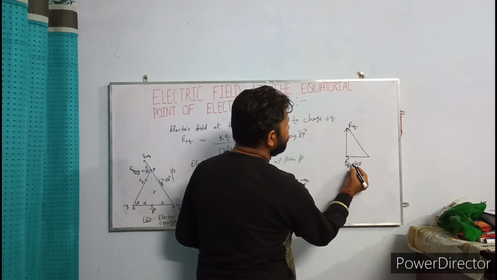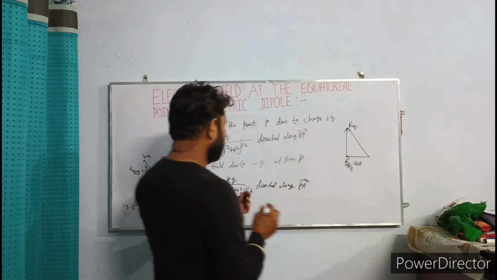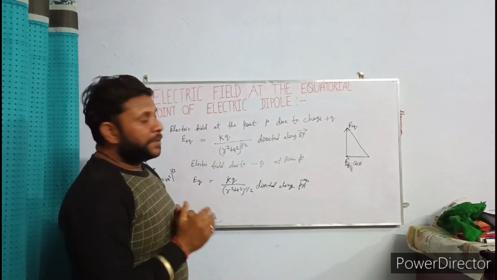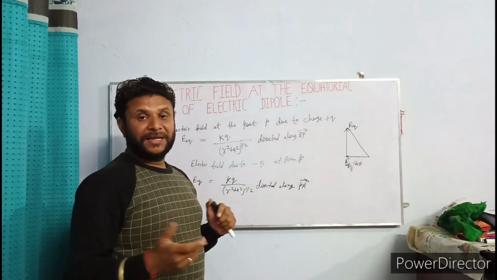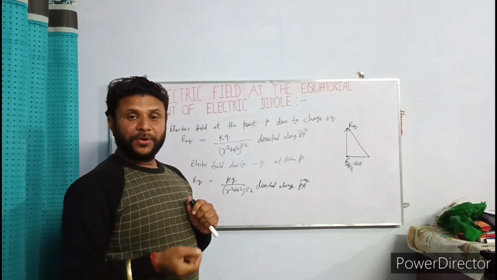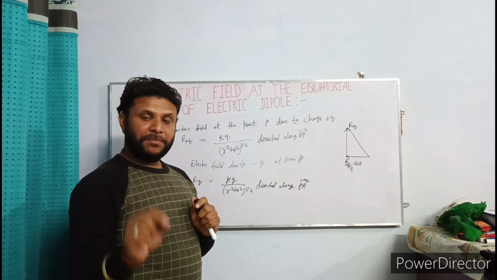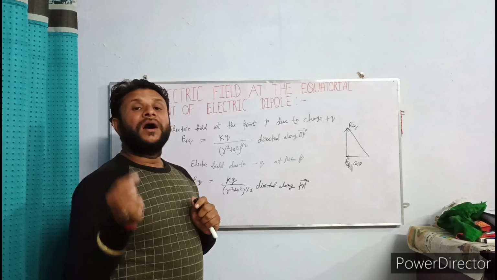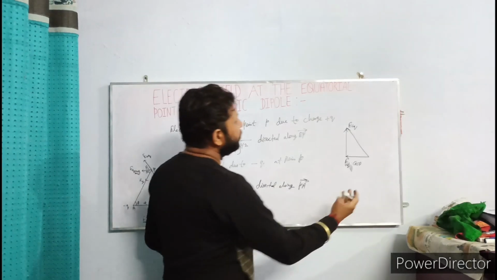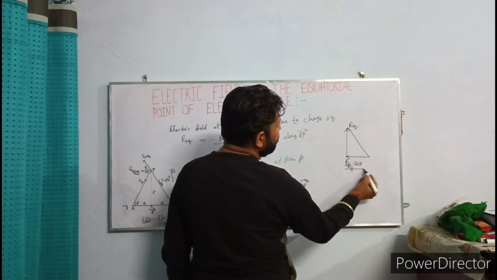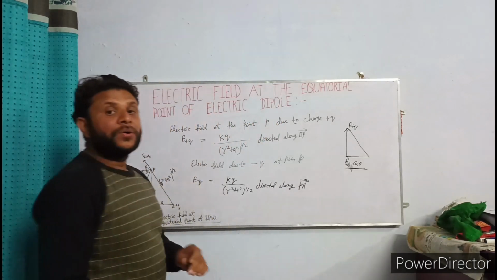As we have already read in class 9 and 10, to find the base component of a triangle, we multiply the hypotenuse by cos theta. If the hypotenuse is E plus Q, then the base component is E plus Q cos theta.